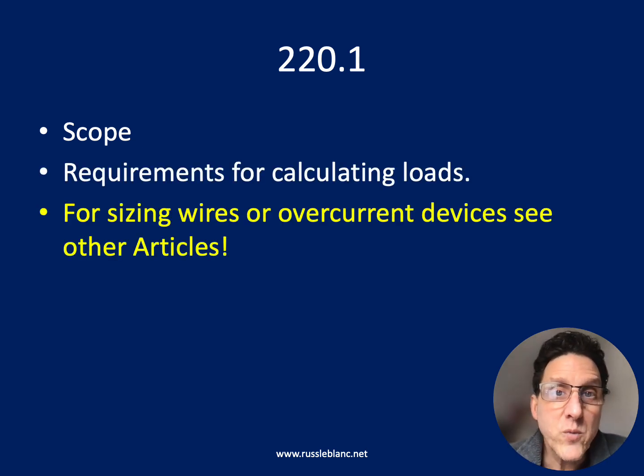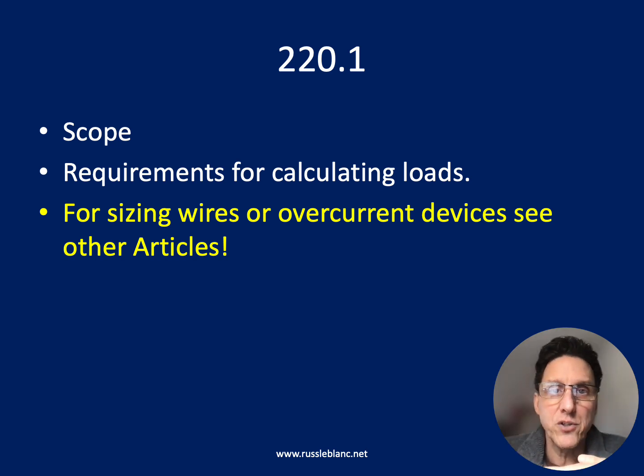If you want to size wires or overcurrent devices, you'll need to take the information from the load calculation in Article 220 and go to Article 210, for example, if you are figuring out how many branch circuits you need for lighting. Or if you're sizing feeder conductors, you go to Article 215 with the information from Article 220 calculations.